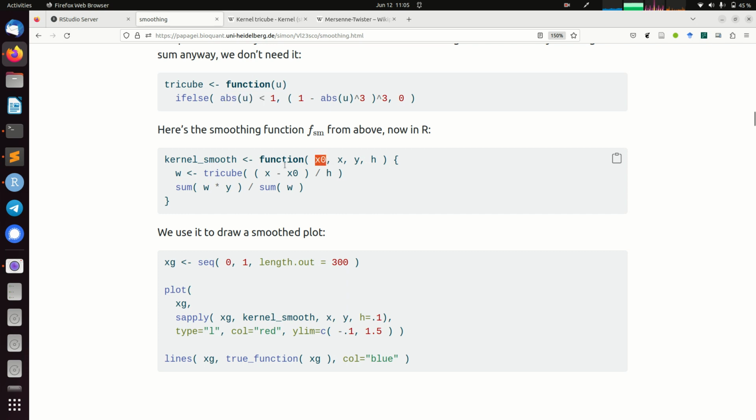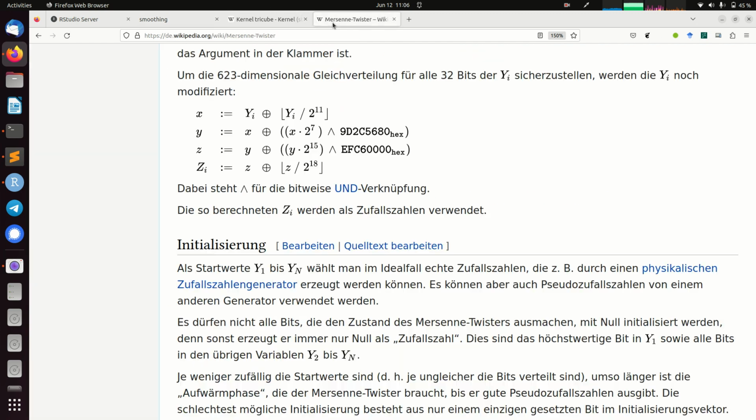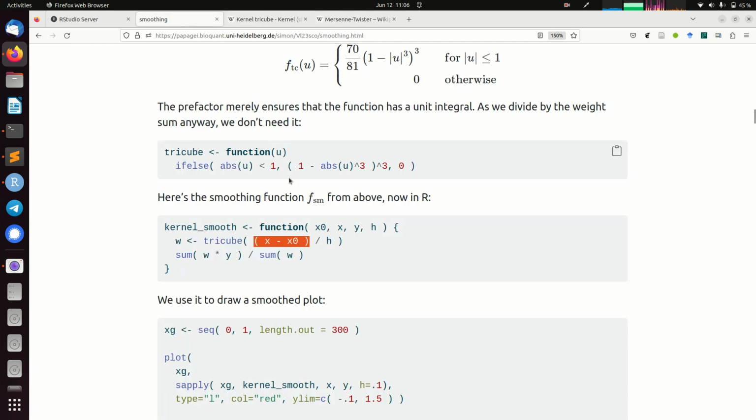I'd say this function here I can call and ask what is my value at x0, given the data values x and y and the smoothing bandwidth h. Now I first calculate the distance of each x to my interrogated smoothing point x0, divide this by the width, so I scale it into this area of -1 to 1, run it through the tricube, and get a bunch of weights, where these weights are 0 for all those values which are further away from x0 than h.